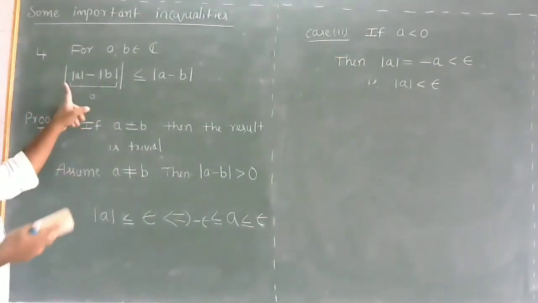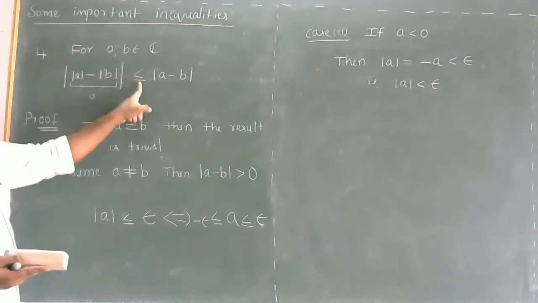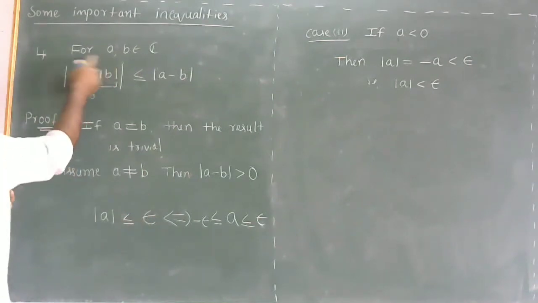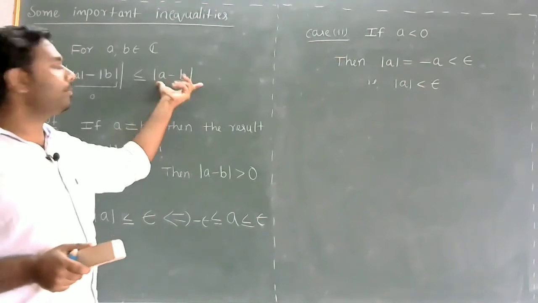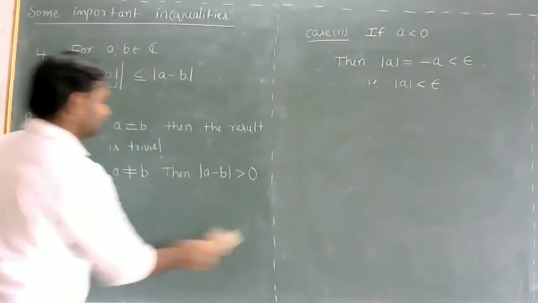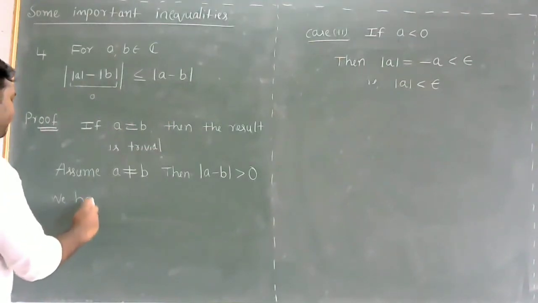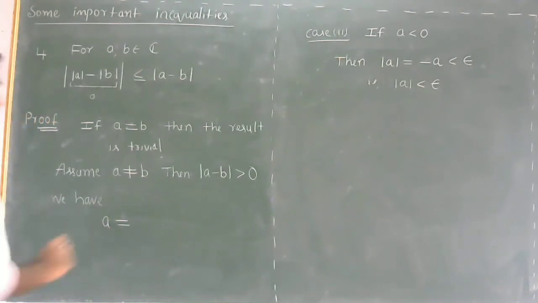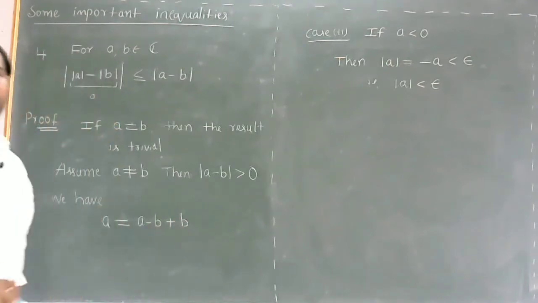So now to prove modulus of a minus modulus of b less than or equal to modulus of a minus b, you just have to prove this value lies in between minus of this value and plus of this value.